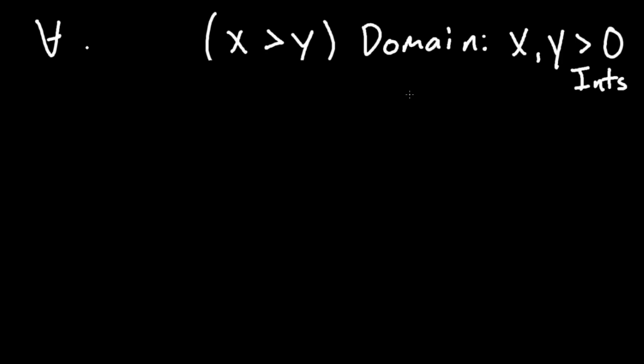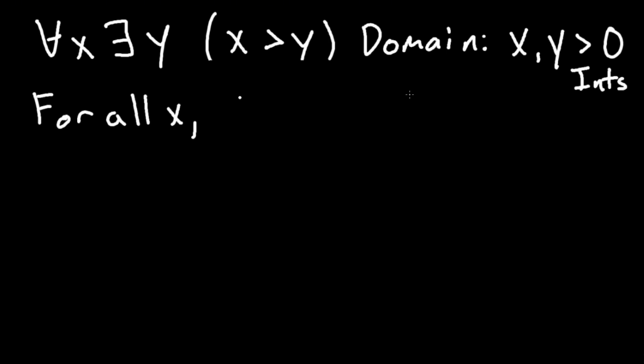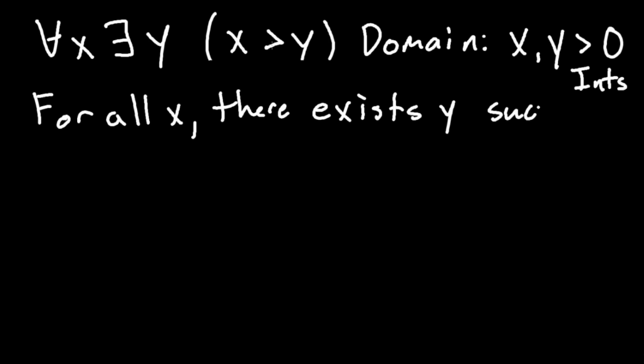And let's do this. Let's do for all x and exists y. So we actually switched the placement of the quantifiers this time. Let's write down the sentence. For all x, there exists y such that x is greater than y.